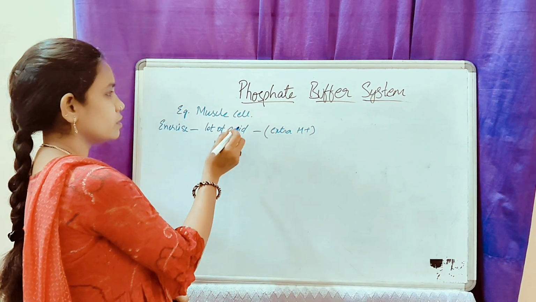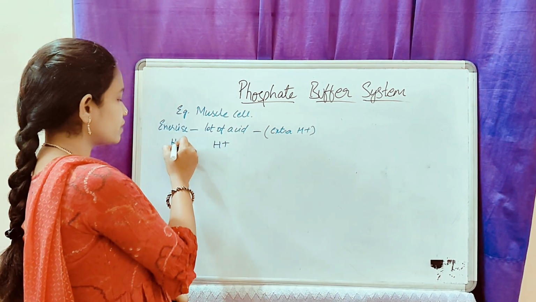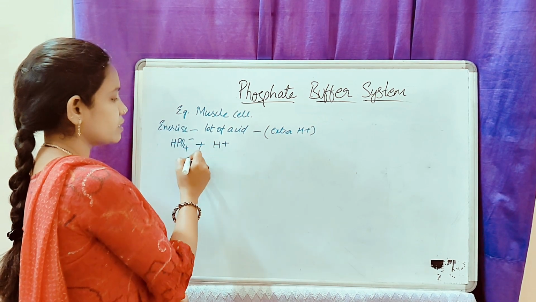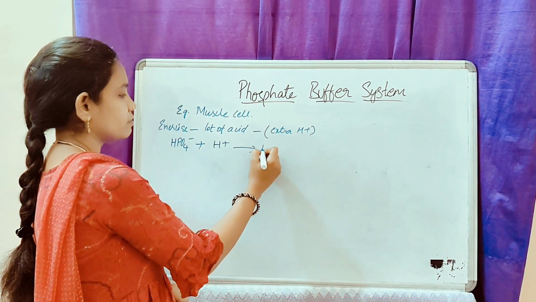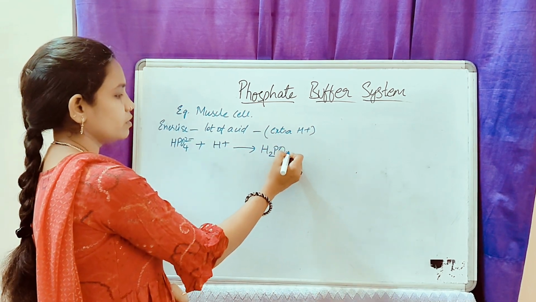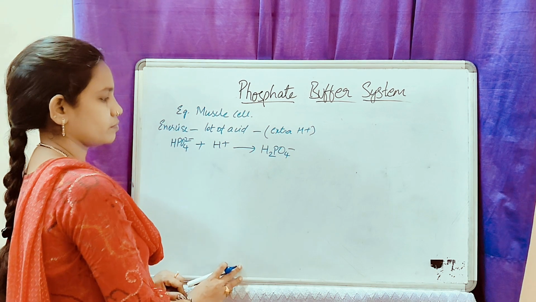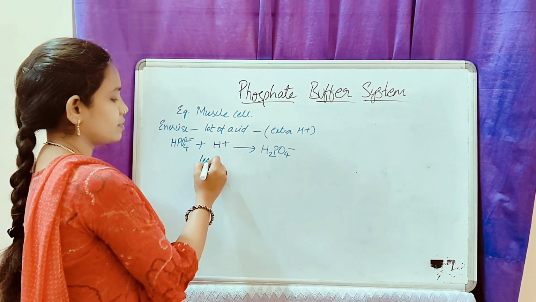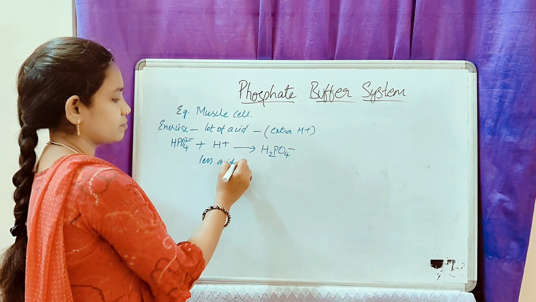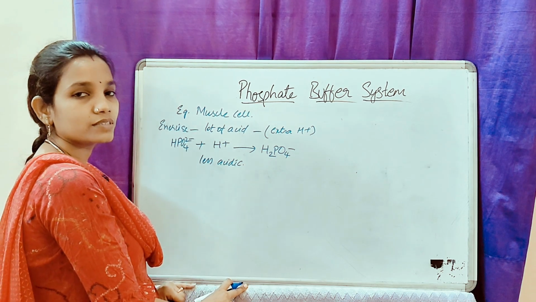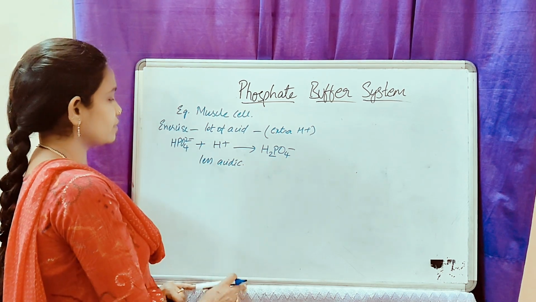What is the component of phosphate buffer? That is monohydrogen phosphate. It grabs H plus ions and converts into dihydrogen phosphate. Here it is making the cell less acidic.